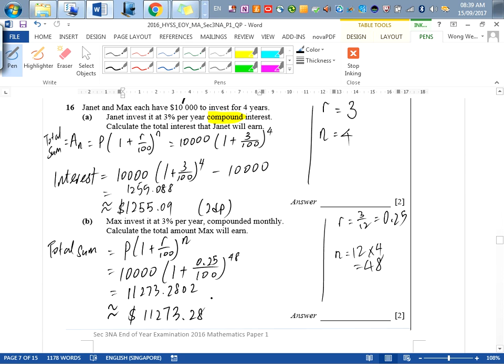Do I need to minus the principal? No need. You must read the question. They say total sum. Total amount.